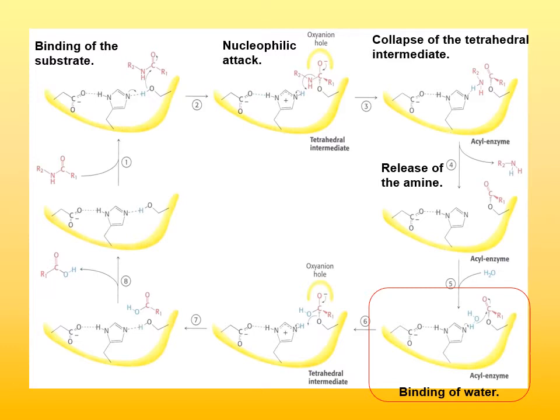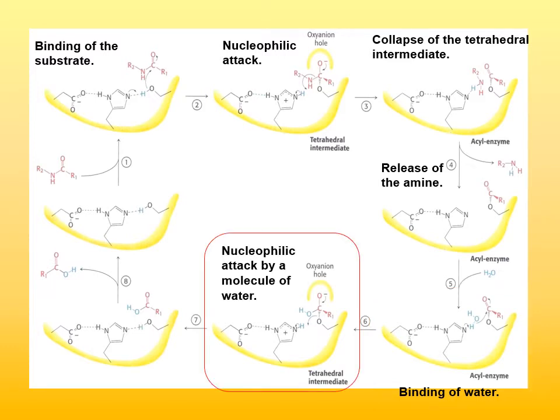So you can see how important histidine is through formation of repeated hydrogen bonds with various reactants that participate in this reaction. By formation of a hydrogen bond between the molecule of water and histidine, now the molecule of water becomes a strong nucleophile. And so in the next step, the molecule of water undergoes nucleophilic addition to the carbonyl group, and a second tetrahedral intermediate is formed.